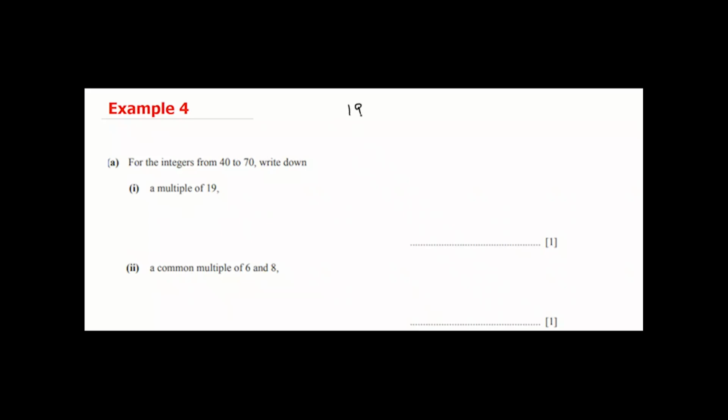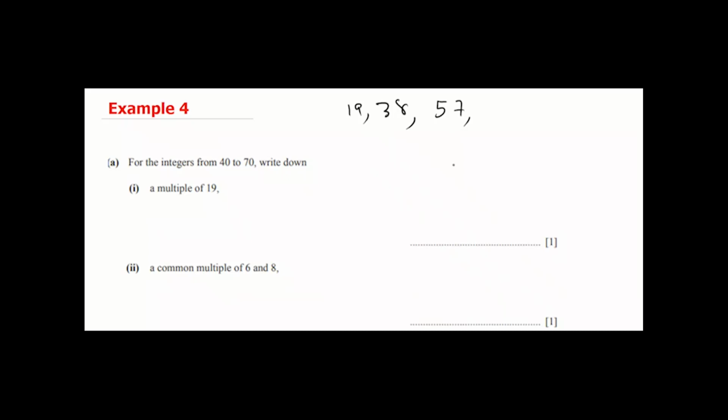The first one is 19. When you multiply 19 by 2, you get 38. According to the condition, it must be a number between 40 and 70. So if you do 19 times 3, you get 57.